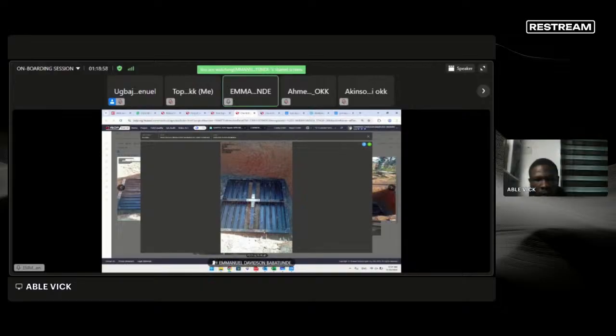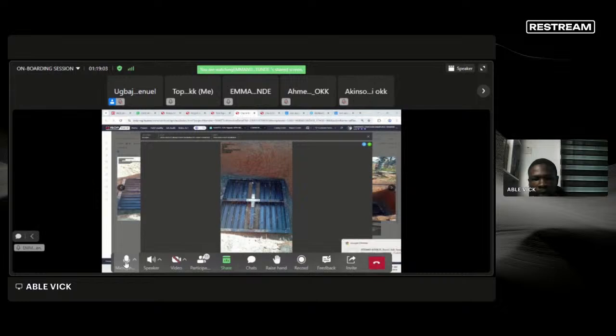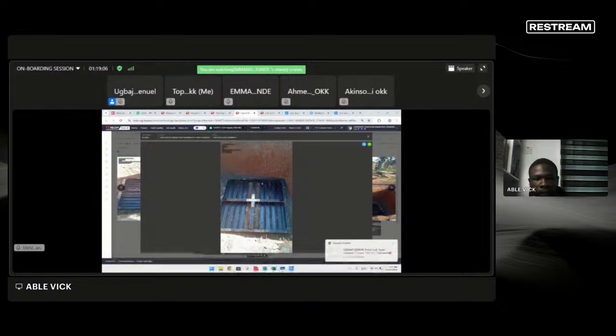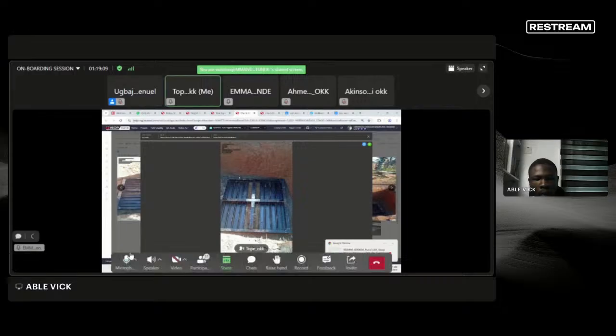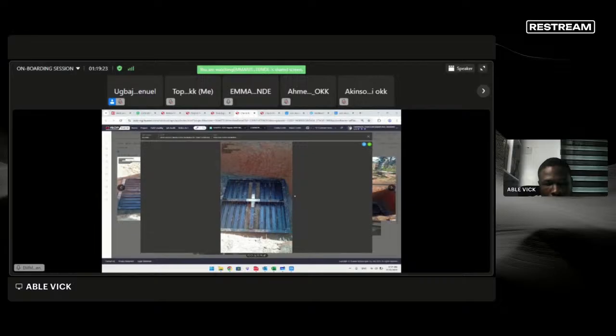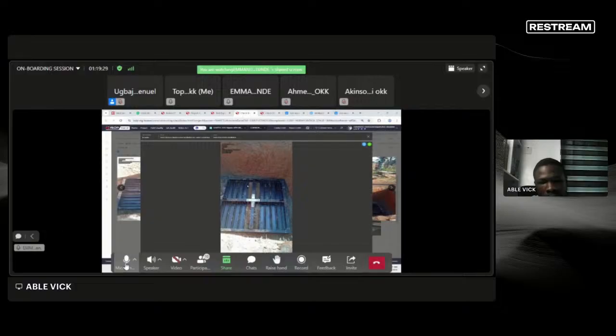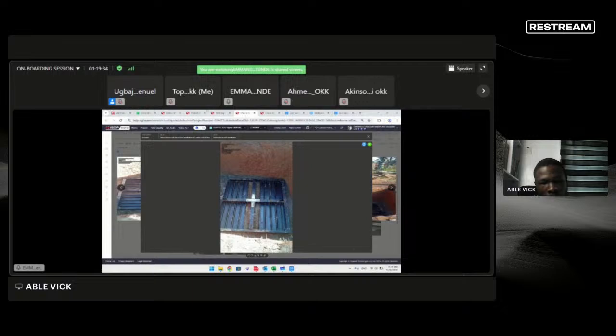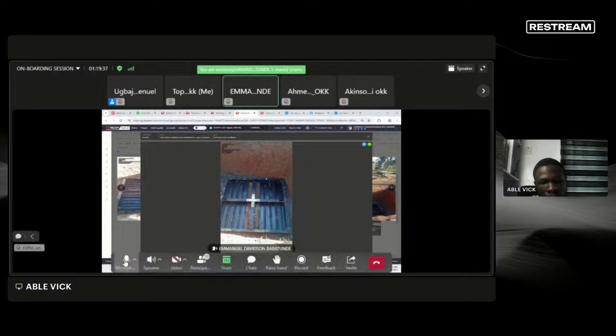Can you see the screen? My speaker is not working or what? Can we see the screen? I can get feedback and tell them.